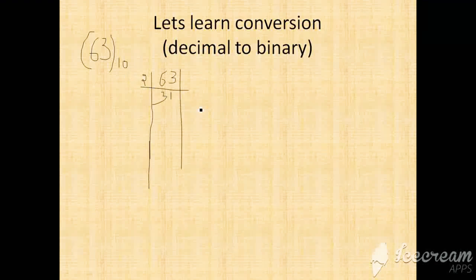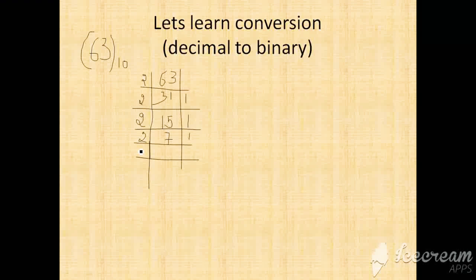If we divide this, the remainder will be 1. We have to write the remainder over here. Then again divide 31 by 2 only. 2 15s are 30, remainder 1. Now again, 2 7s are 14, remainder will be 1. Whatever the remainder comes, you have to write.